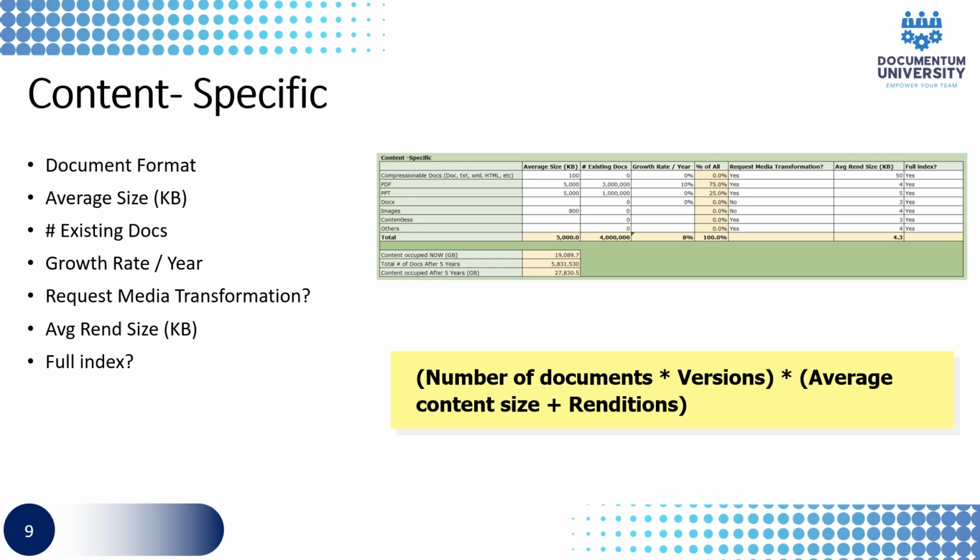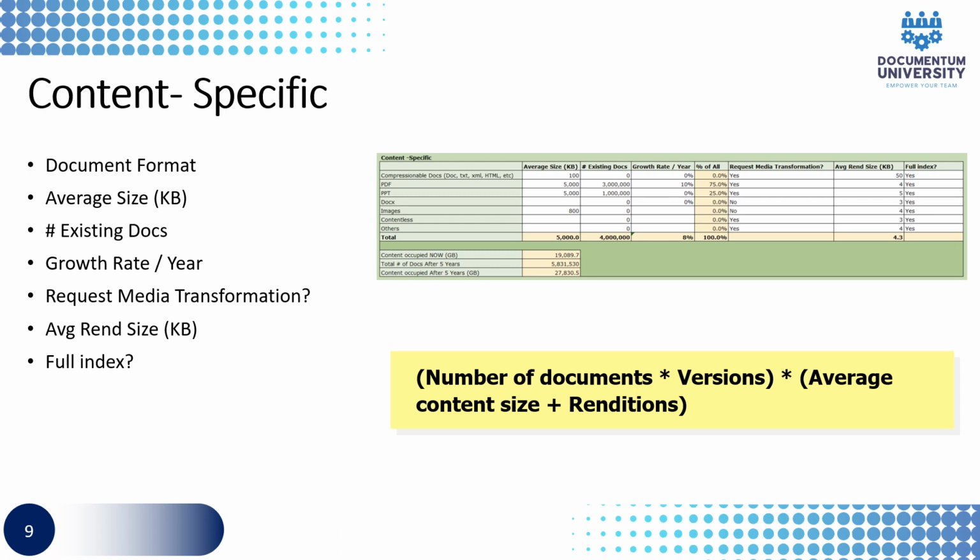Request media transformation is another parameter to define which document format will generate the rendition by content transformation server. This parameter refers to the content transformation that will be applied to the documents, such as image or video conversion. The rendition of the document can significantly increase the size of a document, and it is essential to factor in this growth when calculating the amount of storage space required for your Documentum system.